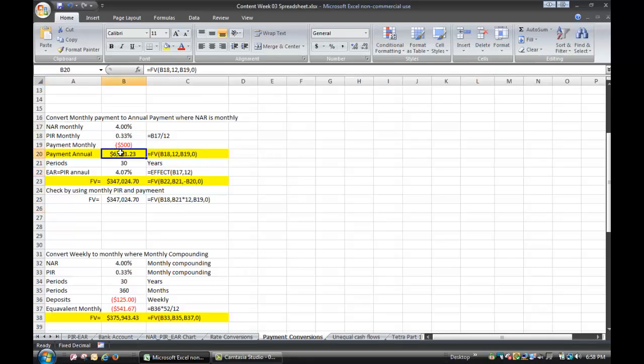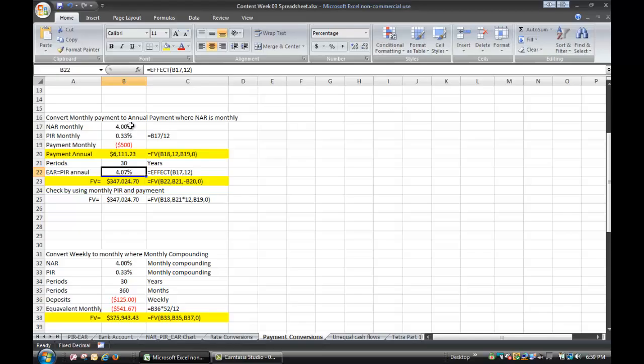Now we can use that and find the future value. The rate, B22, is the EIR, or the PIR annual. They're the same thing, so is the APR with annual compounding.